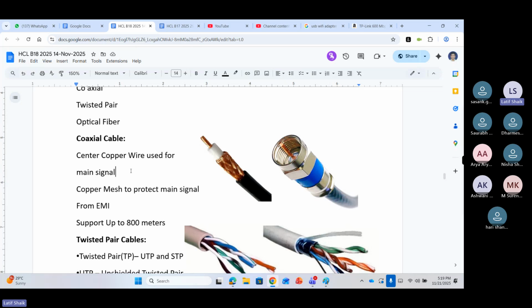The coaxial cable, of course, we are not using for our regular LAN communication. In the earlier days of networking, they used this for bus topologies, connecting different devices for communication.